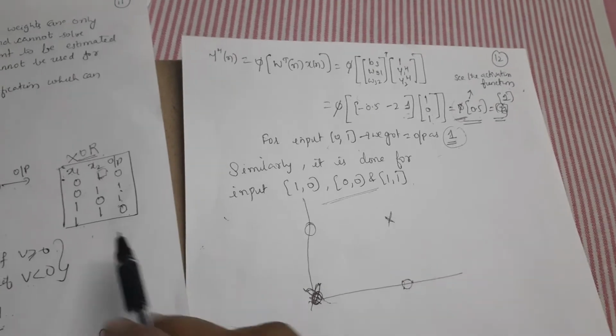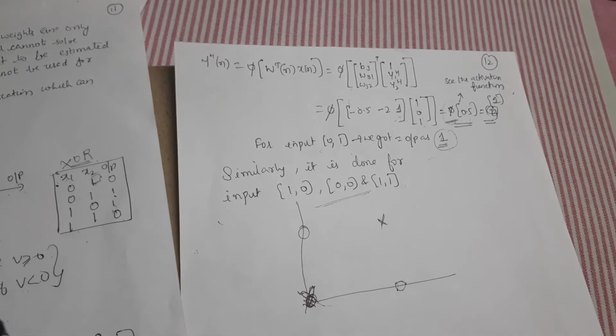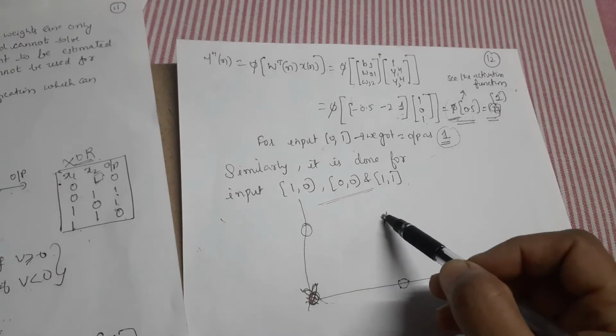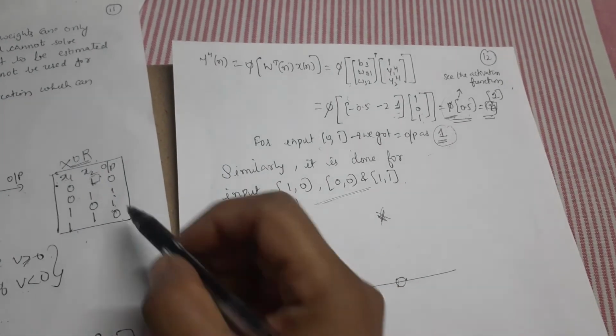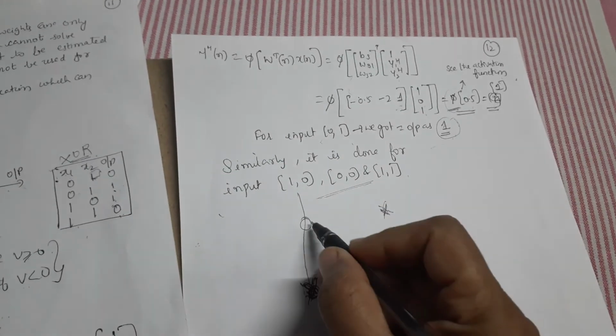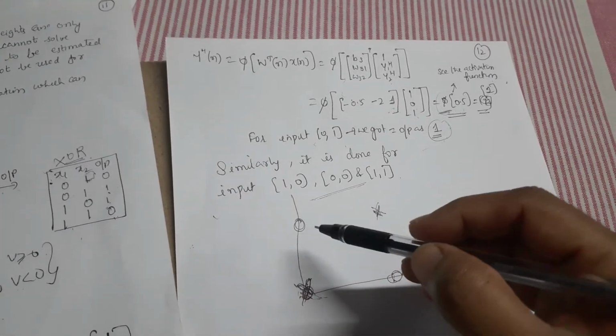Now I have plotted it. Here I have taken the cross symbol wherever the output is 0, and the circle symbol wherever it is 1. Now, can you apply a linear classifier?